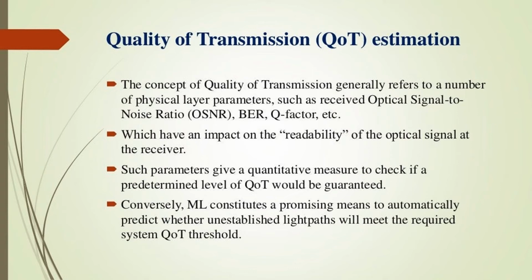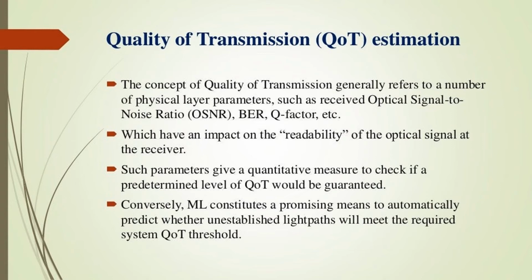Now let's know about quality of transmission, QoT. The concept of quality of transmission generally refers to a number of physical layer parameters such as received optical signal to noise ratio OSNR, BER, and Q factor, etc., which have an impact on the readability of the optical signal at the receiver.